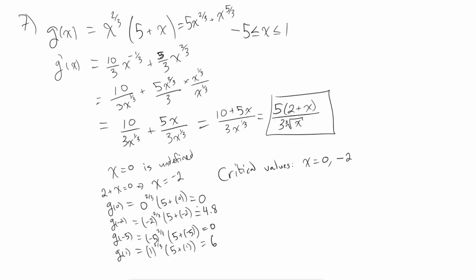So we have our maximum value, or pardon me, one maximum value right there, and we actually have 2 absolute minimum values. So we have 2 points in the graph where it hits an absolute minimum value.